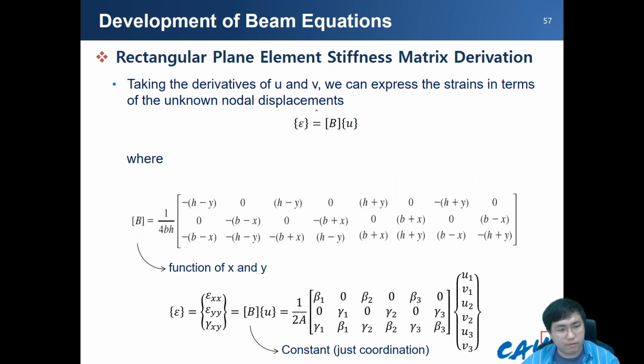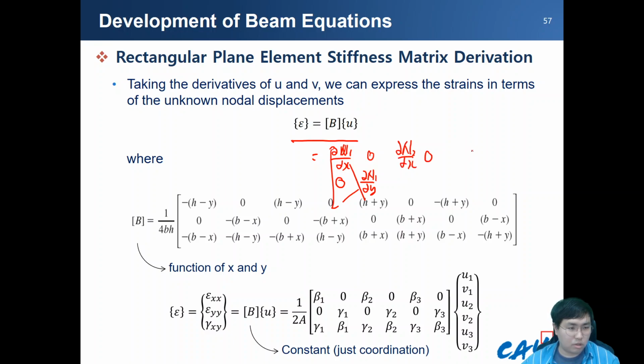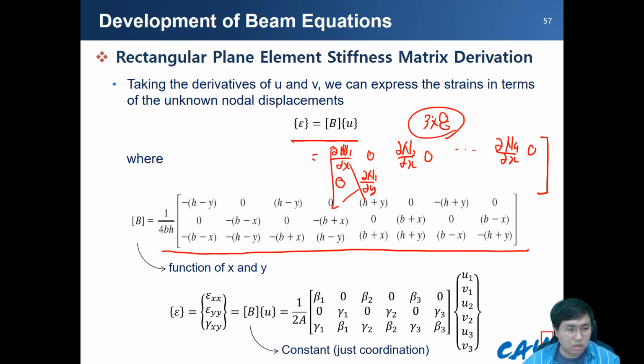Finally, we should calculate the gradient matrices. Each gradient matrix can be calculated like this, with the conjugate terms, and the remaining entries equal to 0, so the size is a 3 by 8 matrix.